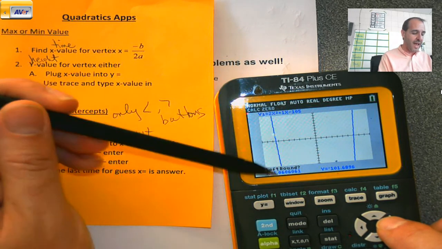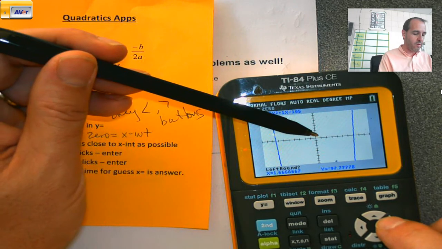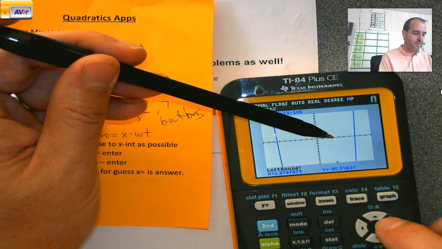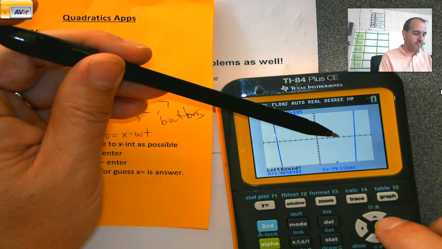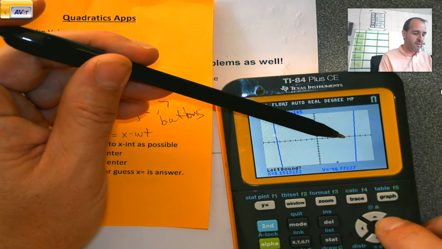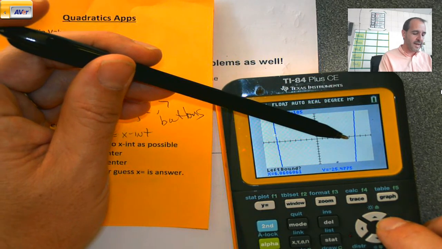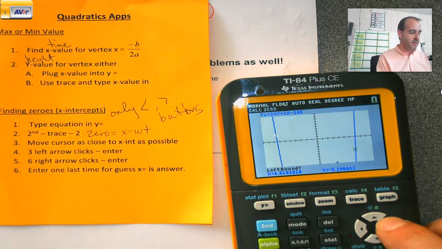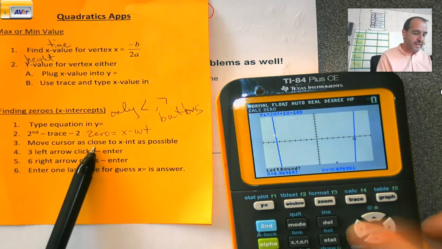So keep watching x as we keep hitting the right arrow. Now we're at 2. Now we're at 3. Now we're at 4. And notice the y value keeps getting closer to 0. So we're almost there. 5. 6. Okay, we should be coming back into the screen. There's our cursor. Okay, as close as we can get to the x-axis.